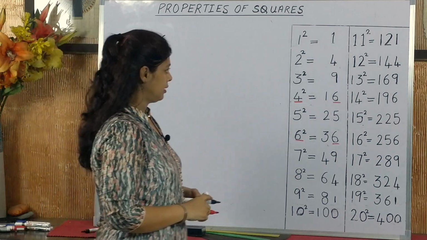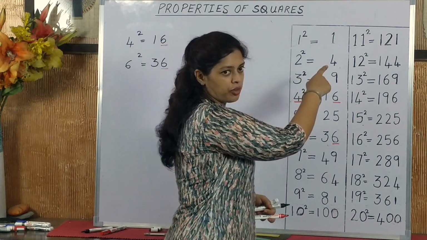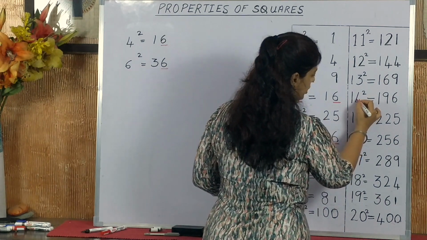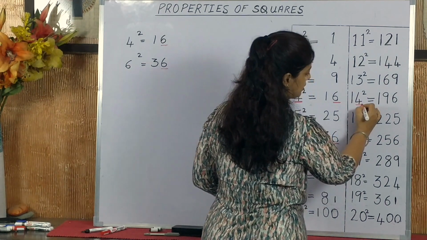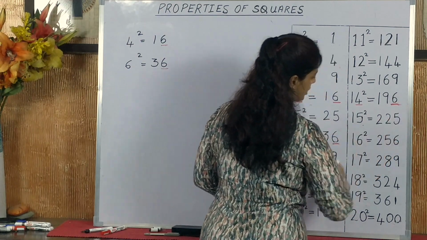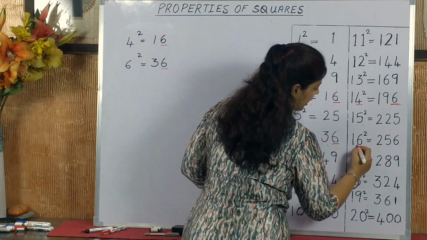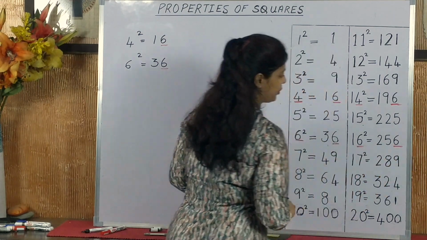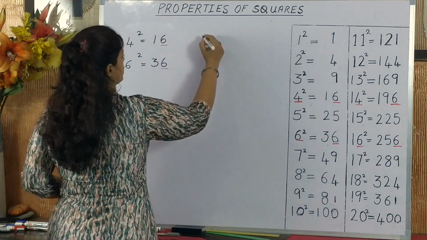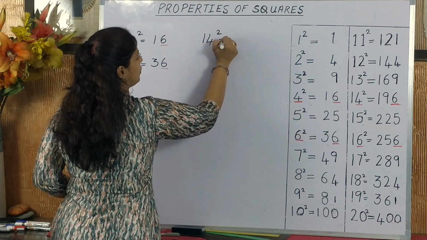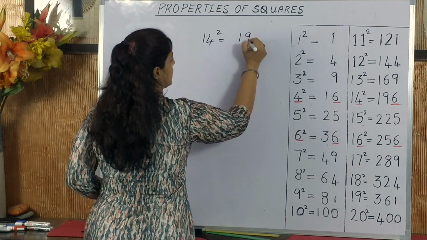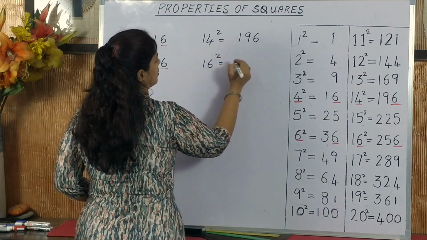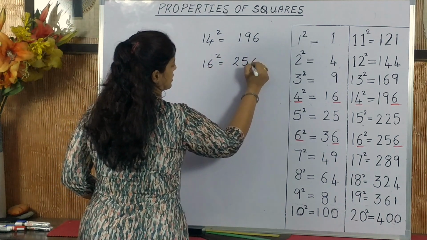Even if we observe the squares from 11 to 20, again if we see 14 square, over here has a 4 in the units place, but the square has a 6 in the units place. 16 square again has 6 in the units place and the square has a 6 in the units place. So I can write this also here, 14 square is equal to 196 and 16 square is equal to 256.